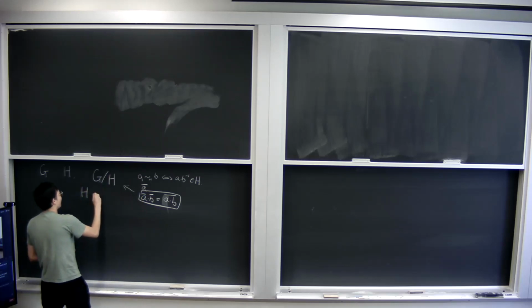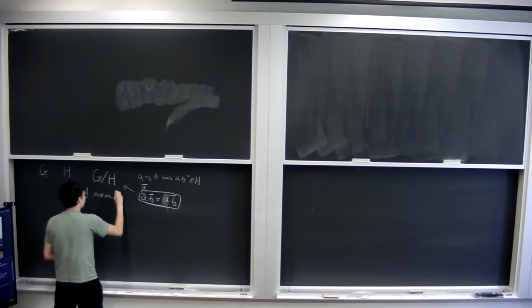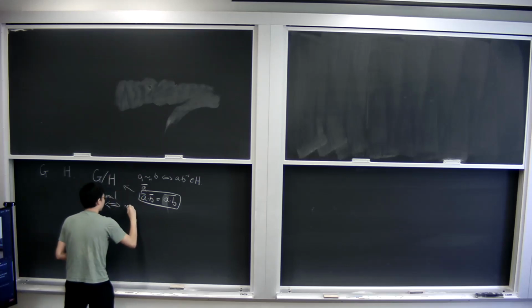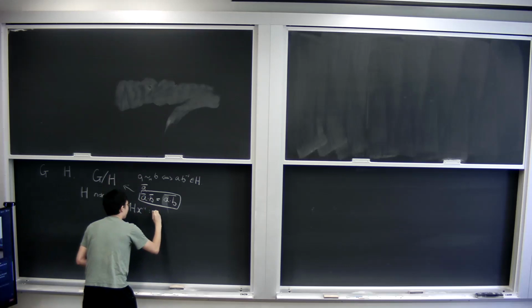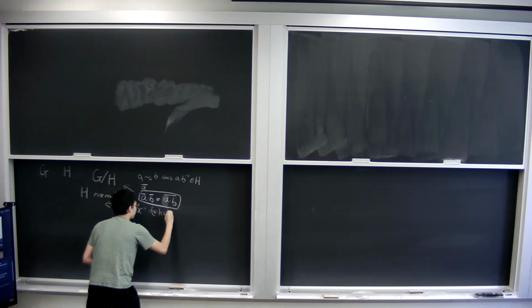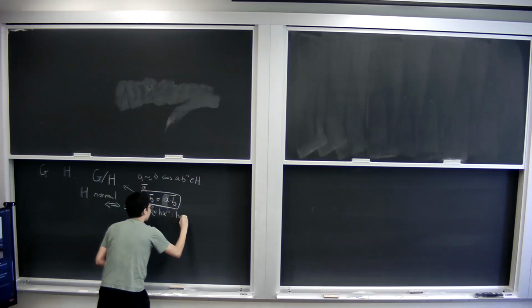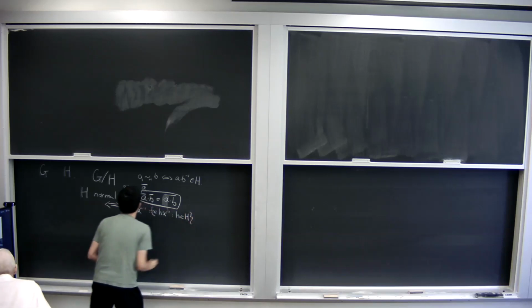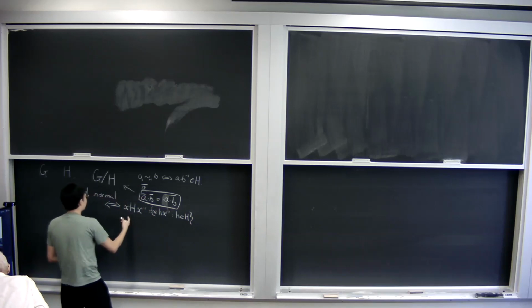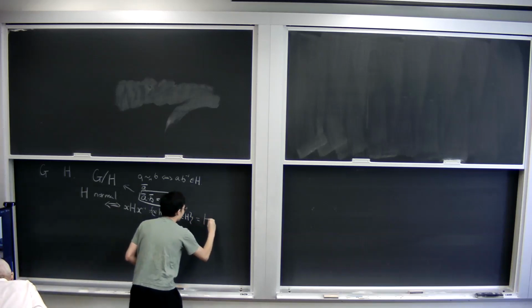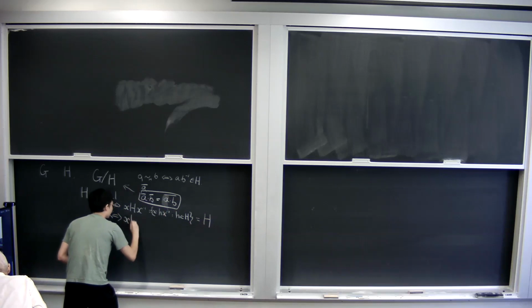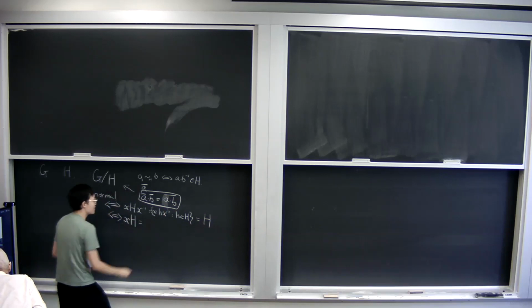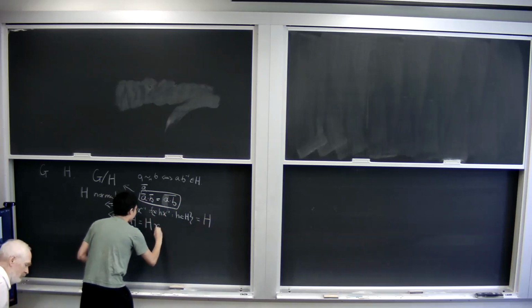And H is normal if and only if, which is defined to be the set, if and only if this thing is equal to H, or equivalently, the left translation of H is the same as the right translation of H.